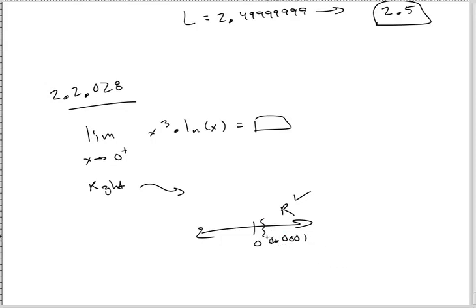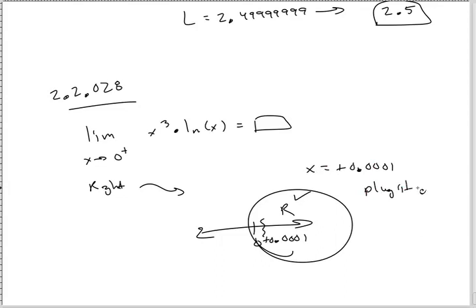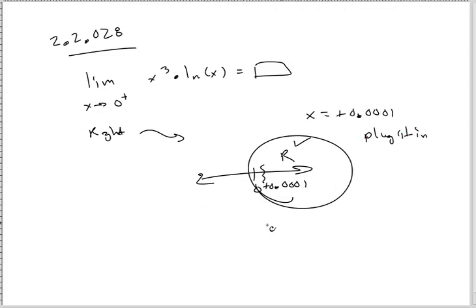So I'm going to use 0.0001. Notice I want a positive value, because I want to be on the right side. I'm going to plug that in, and I got negative 9.21034 E negative 12.